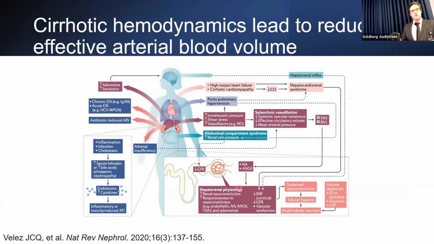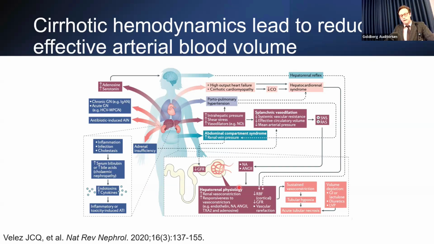Now, as we move into HRS, the hemodynamics in cirrhosis keep us in a state of low effective circulating volume. So in order for the kidney to defend its proper perfusion pressure to maintain a proper GFR, it walks a razor's edge. Why is that? Due to the increased resistance within the hepatic vasculature, we have shear stress.